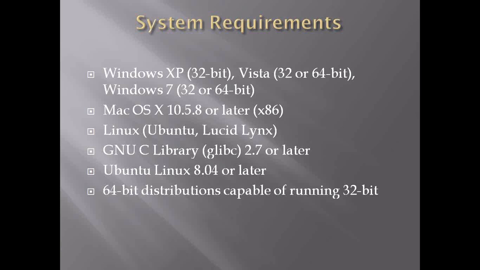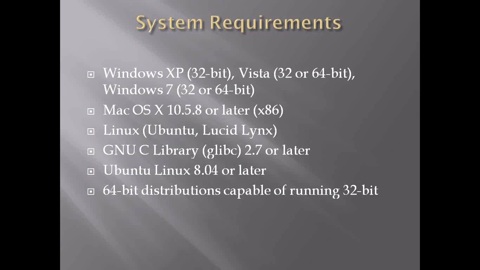The system configuration that is needed is Windows XP 32-bit, Vista 32 or 64-bit, Windows 7 32 or 64-bit. And the best feature is you can develop an Android application on Mac OS too. If you're using a Mac machine, you can develop your application on Mac OS. If you have a Linux-based system, Ubuntu or Linux, you can develop on that machine too.